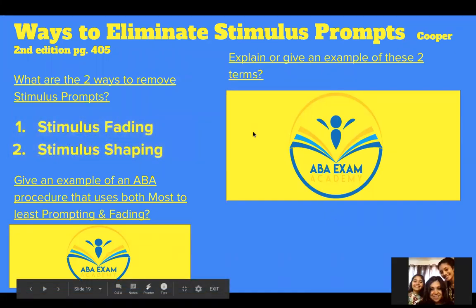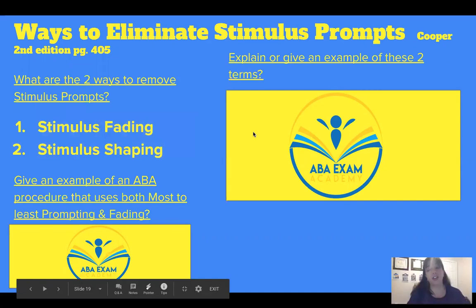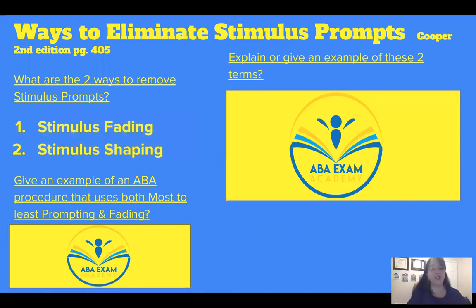Stimulus shape transformation. Transformation? Yes, so there are many AKAs for these. There's just fading and shaping. There's stimulus fading, stimulus shaping, and then there's the transformation one as well. So it's good to know all these AKAs, because if they give you this on the exam and you don't know what the transformation one is, then you're not going to know the answer. That's why AKAs are so important. I can't stress that enough.